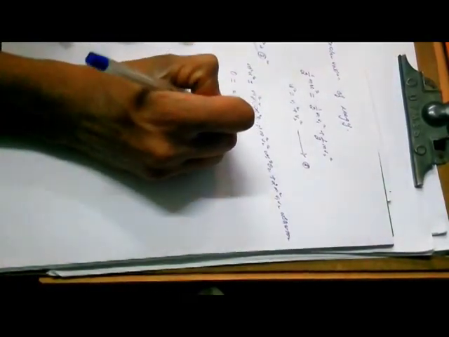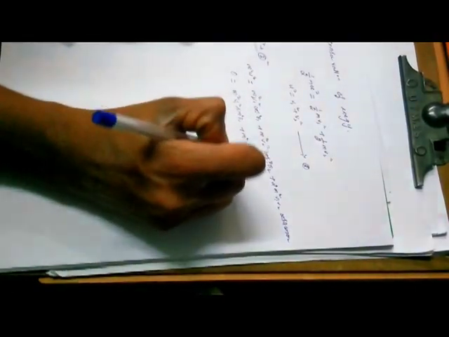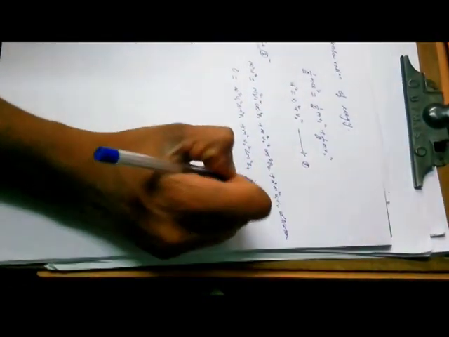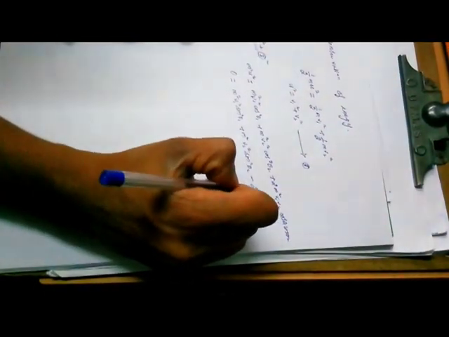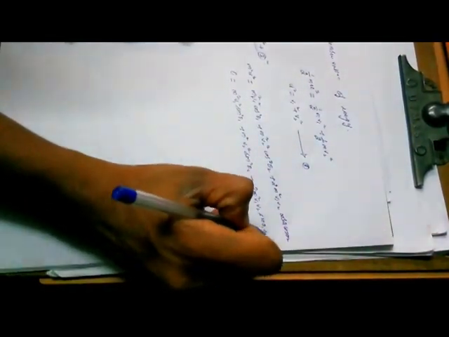Doing the same for the second equation, the left hand side is 0 and the right hand side is m square v1 square sin square theta 1 plus m square v2 square sin square theta 2 minus 2 m square v1 v2 sin theta 1 sin theta 2, because one component has a minus sign.